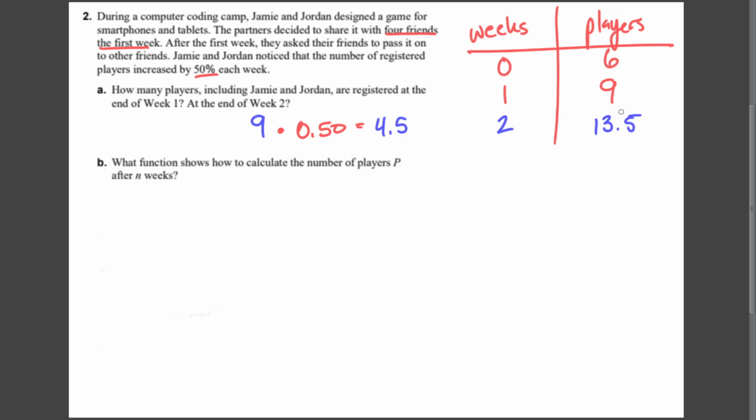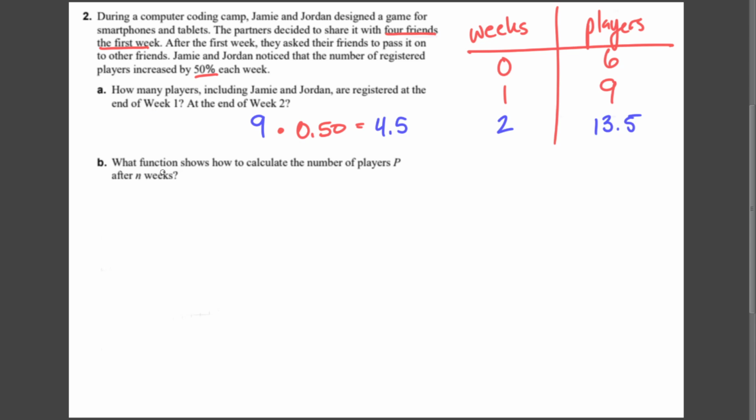But for this purpose, we're going to leave this as a decimal. Kind of like think of it like an estimate. We're going to have roughly between 13 and 14 people there. Think of it like that. All right, so there's our answer to number 1. This is how many players, including Jamie and Jordan, are registered at the end of week 1 and then at the end of week 2. End of week 1, end of week 2.